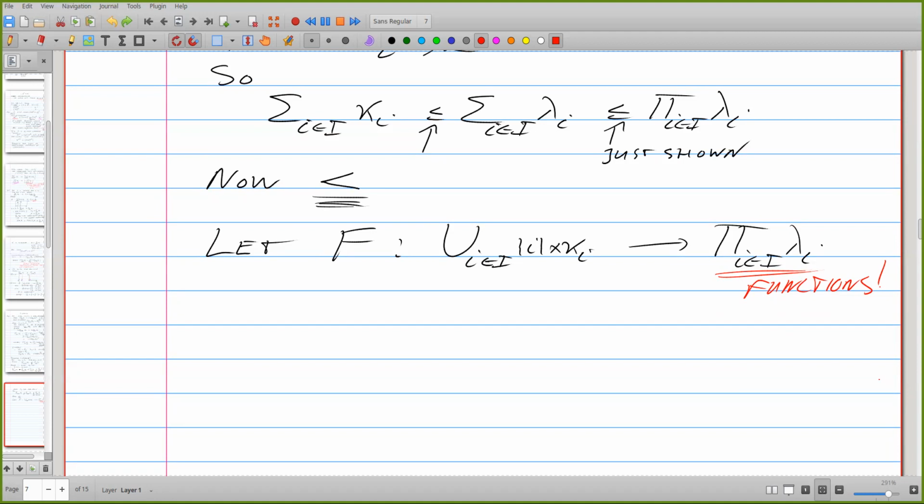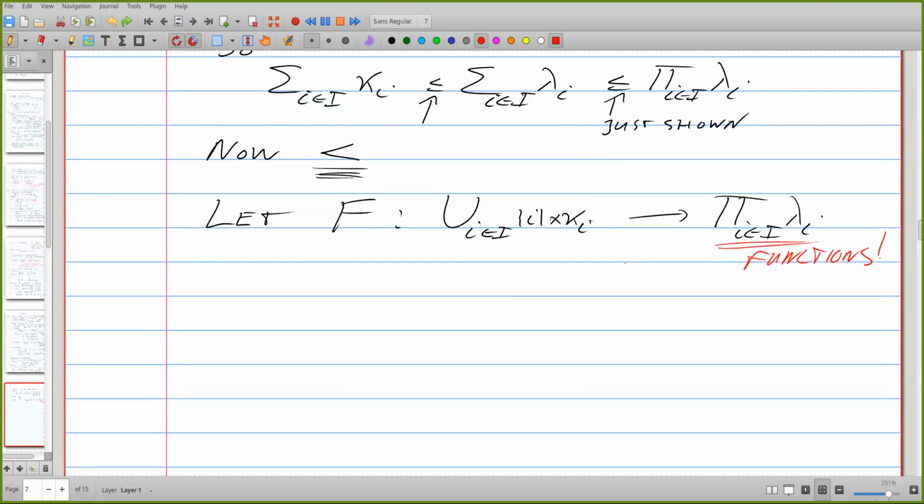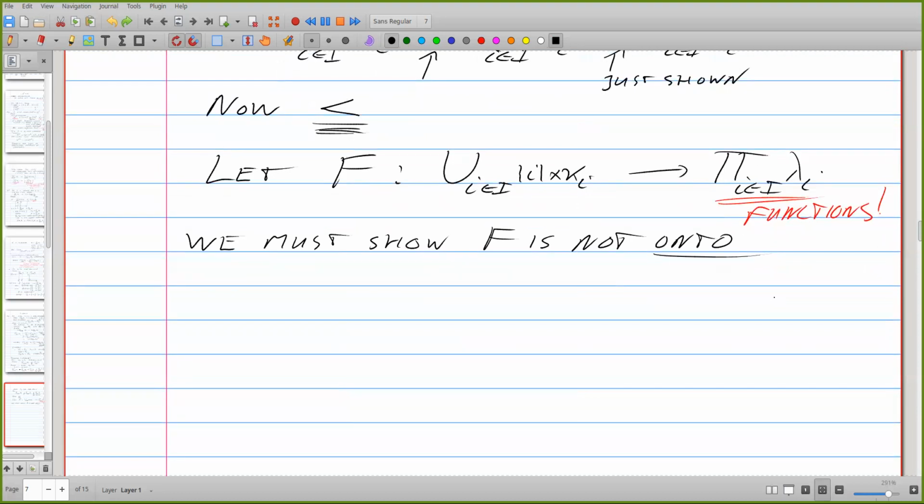We have a function from the representing set for the sum to the representing set for the product. And we must show that F is not surjective, not onto. So we need to find a function that is not equal to any one of the F's in our family.